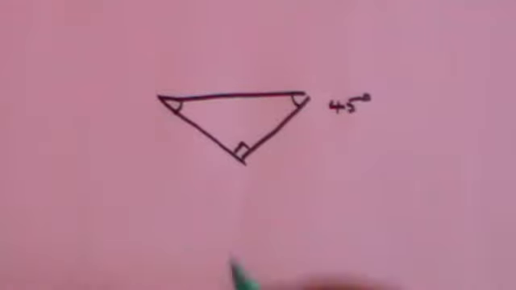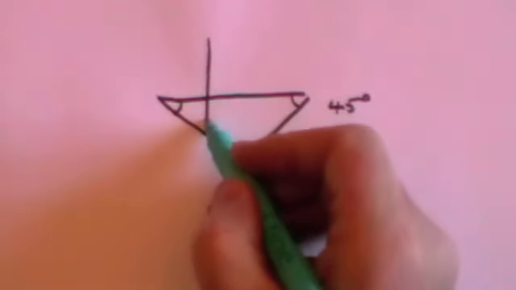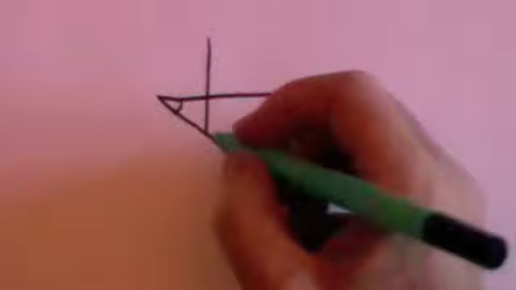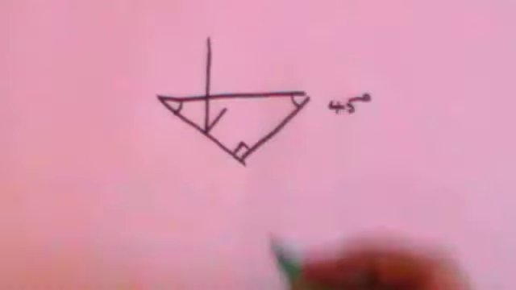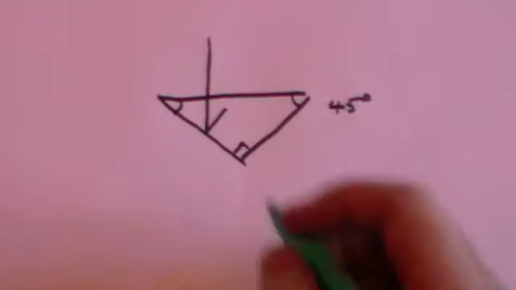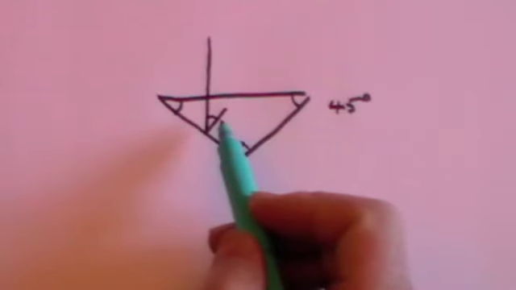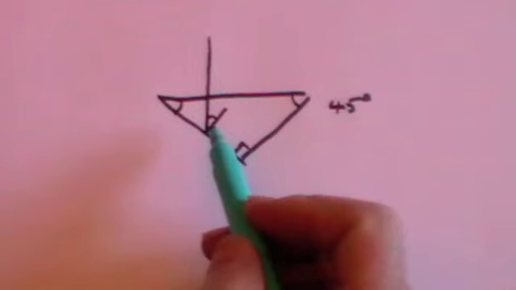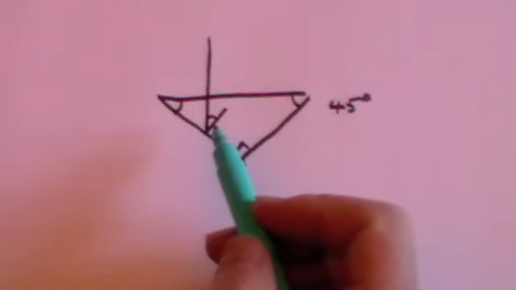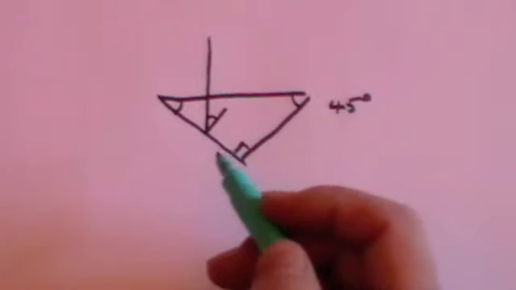And let's suppose we send in light like this. We draw the normal, and what we find is that this angle, like this angle, is 45 degrees. 45 degrees is greater than the critical angle of glass, which you may remember was 42 degrees.